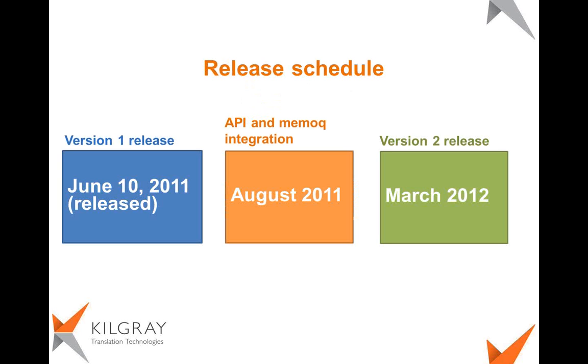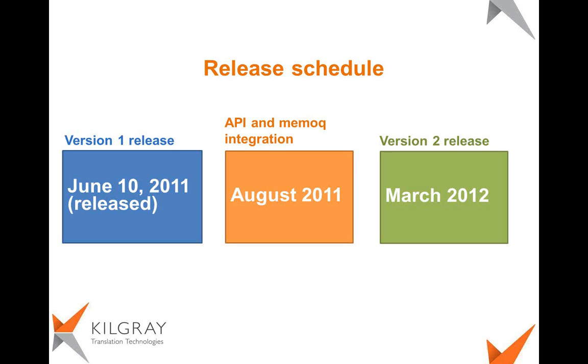Some practicalities, and then I'm launching myself into the demonstration. We have a release schedule. We have already released version 1. This is available for evaluation. Just write to sales@qgrade.com and request an evaluation of the TM repository.